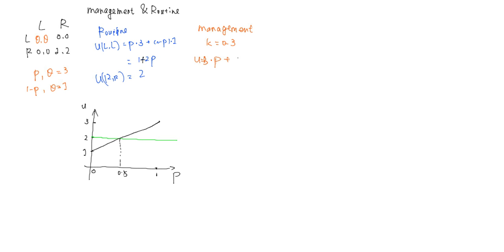But when it turns out to be 1 minus p, which is theta equals 1, I tell you, so that now I can do the optimal thing and coordinate on R. So I will get 2, but I'm going to pay you. So it's going to be 2 plus p minus k. And k is 0.3, so it essentially is 1.7 plus p. So when p is 0, I get 1.7, and when p is 1, I get 2.7.